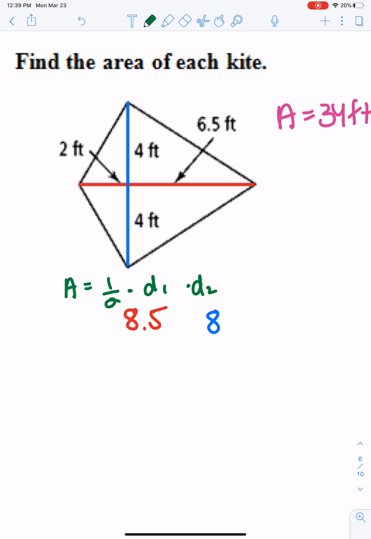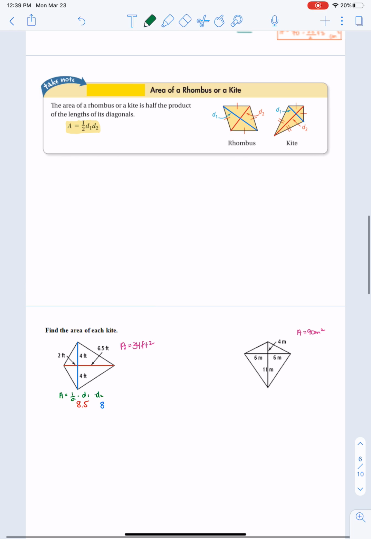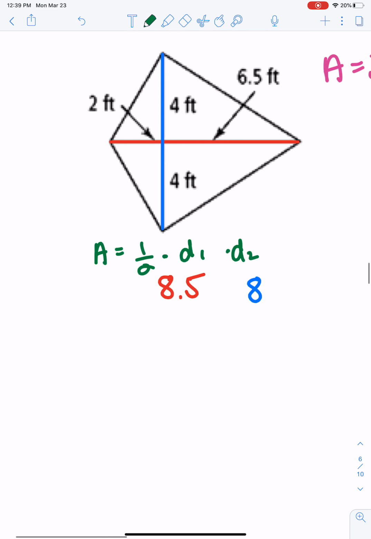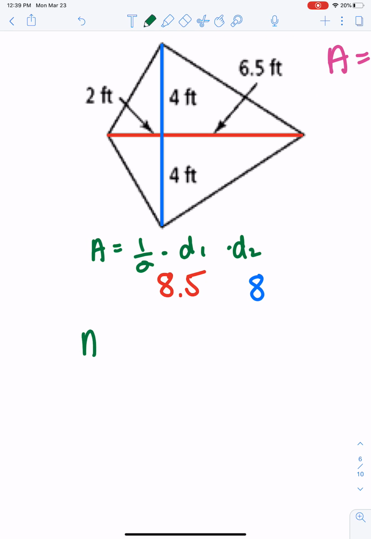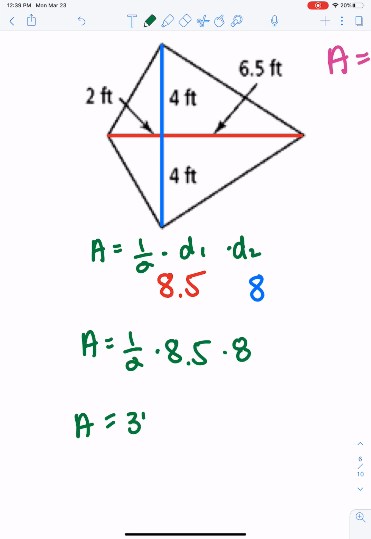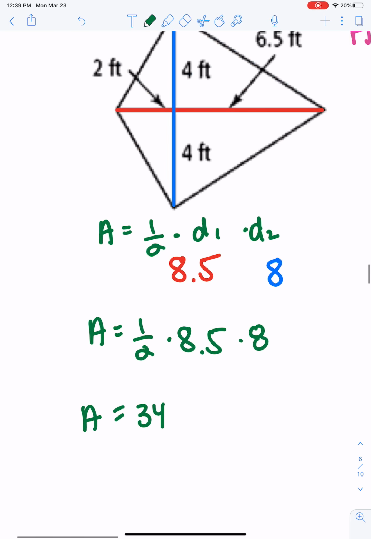I switched my red and blue this time, I think. Yep, that doesn't matter. So the area is 1/2 times 8.5 times 8. And that gives you 34. Did I get it right? Yep, 34 feet squared.